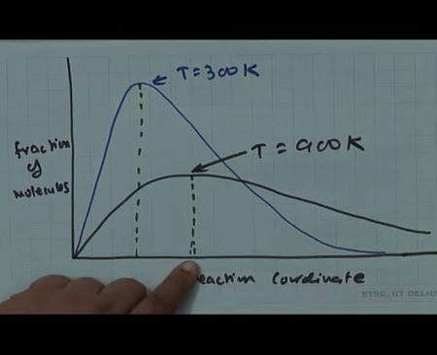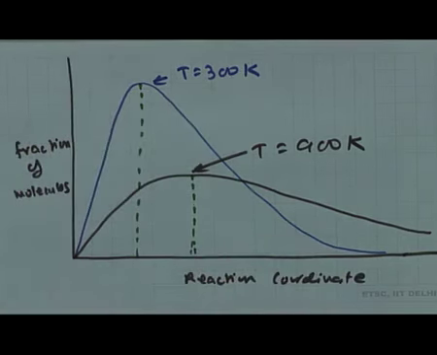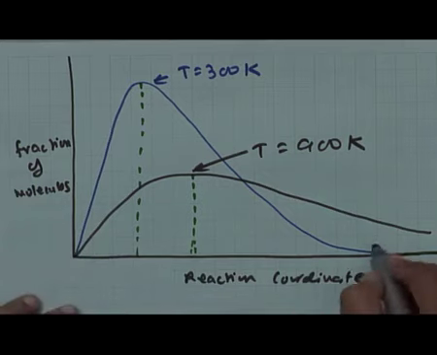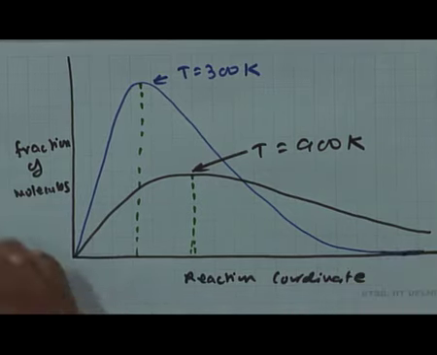So, the most probable kinetic energy has increased at a higher temperature as compared to that of 300 Kelvin. So, at 900 Kelvin I have a higher value of most probable kinetic energy as compared to that of 300 Kelvin. Again please realize that this has not been drawn to scale, but just to make the point.